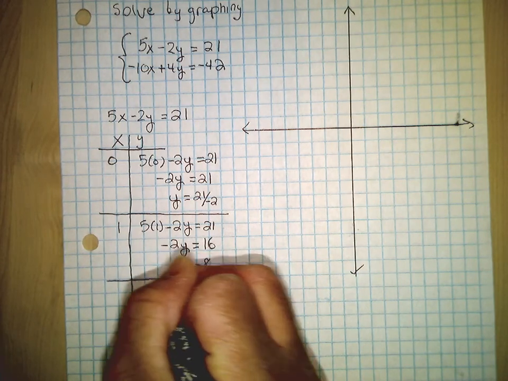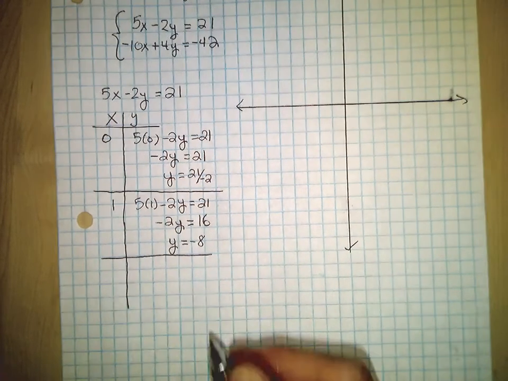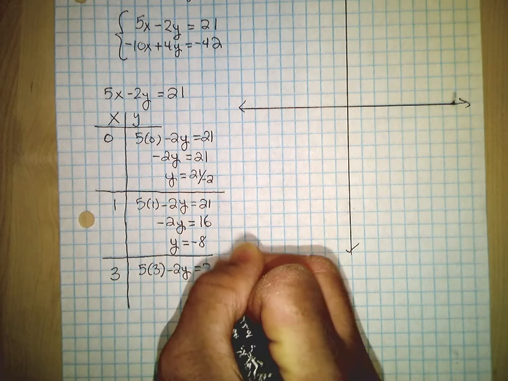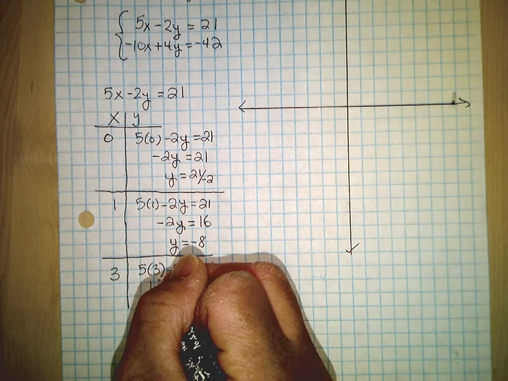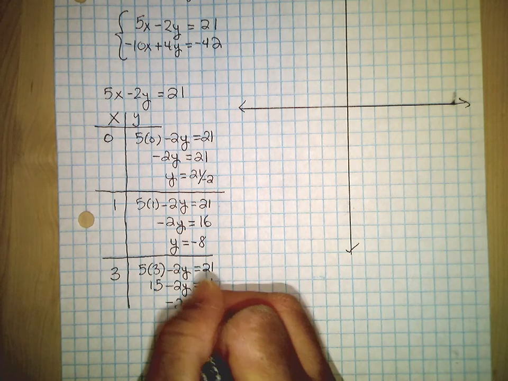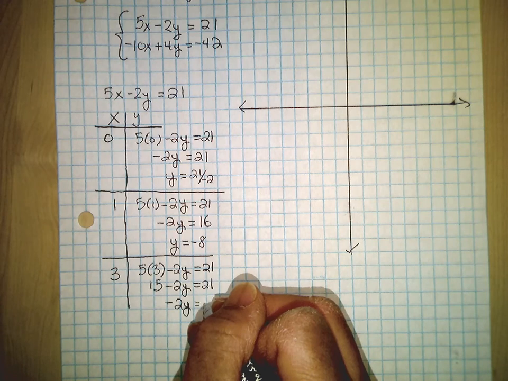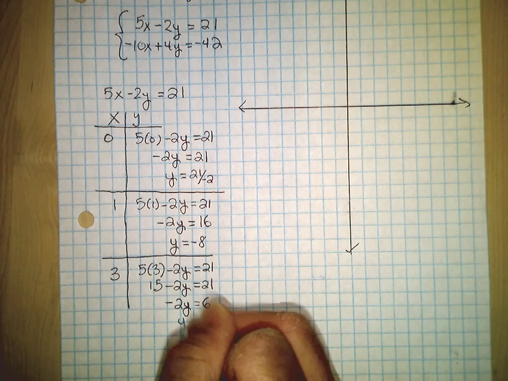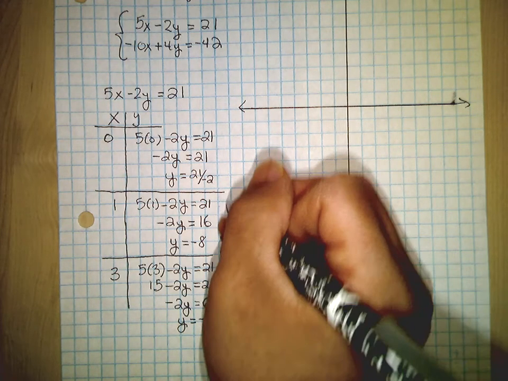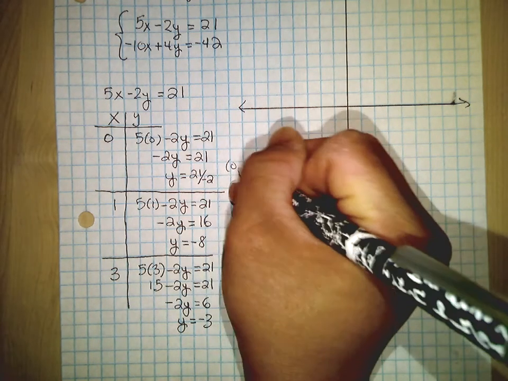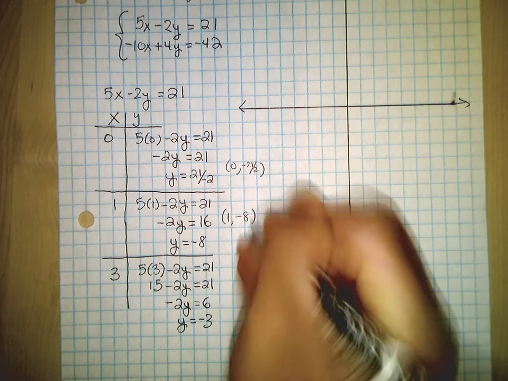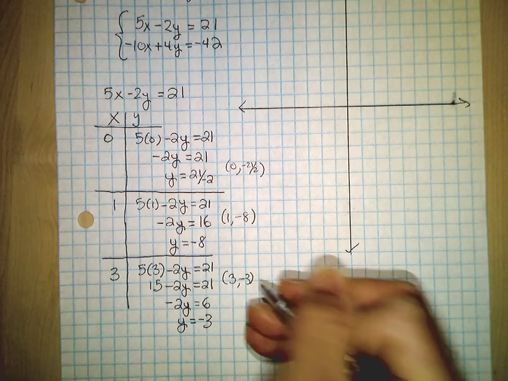And then let's say we pick a 3. 5 times 3 minus 2y is 21. 5 times 3, 15 minus 2y is 21. Subtract 15, so we get -2y is equal to 6, and then divide by -2, so y is -3. So we have a point at 0, -21 over 2, 1, -8, and 3, -3.